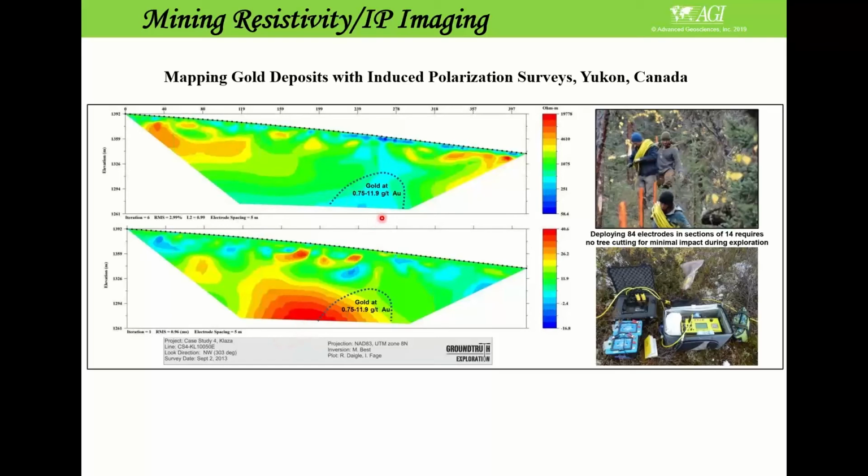This is another example that comes from Canada, and there's also a fracture going over here, it looks like, and a low resistive zone, and then you can see this high chargeability area. Typically they highlighted only this area where the mineralization is concentrated.